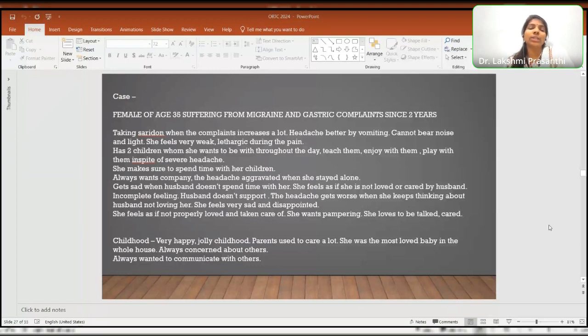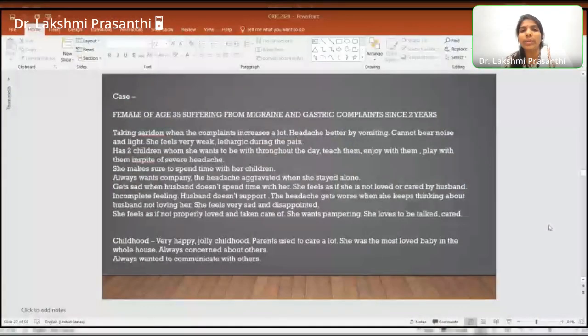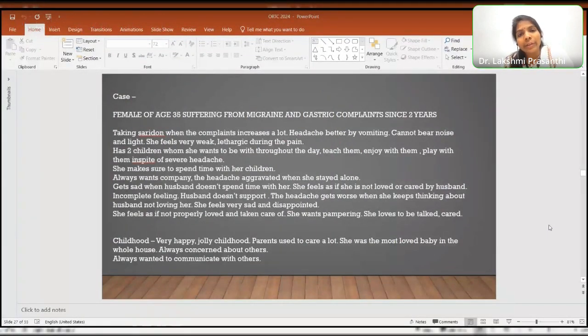Now here, you got a symptom of headache better by vomiting, cannot bear noise and light. You should understand what is a common symptom and what is an uncommon symptom. In migraine, headache better by vomiting, cannot bear noise and cannot bear light is a common symptom.